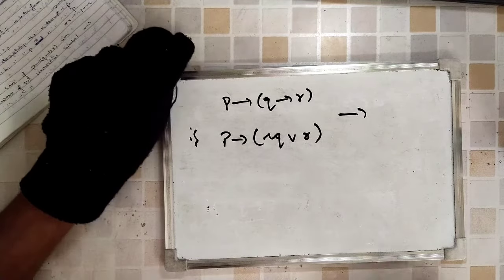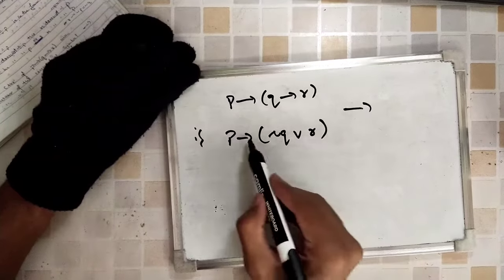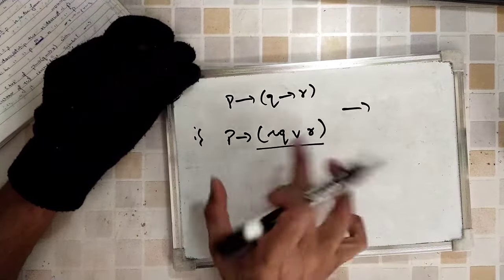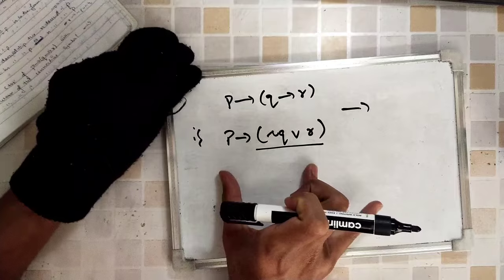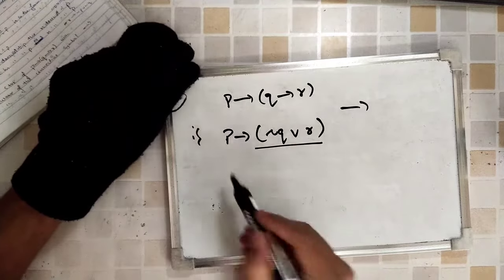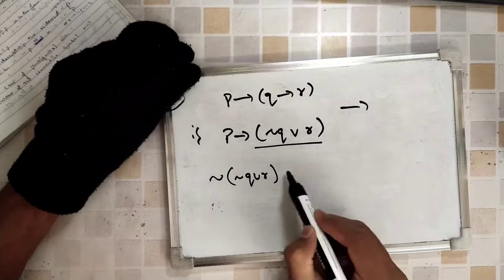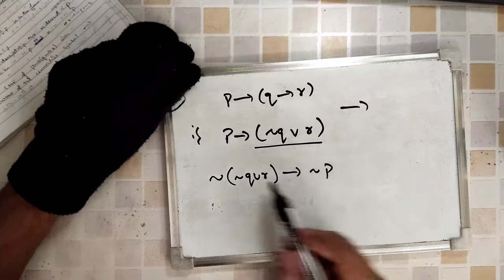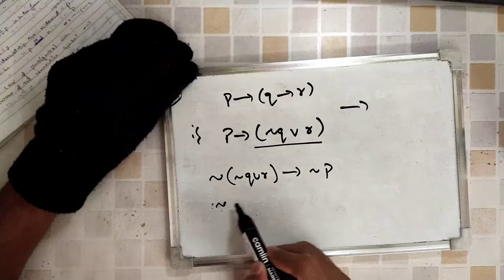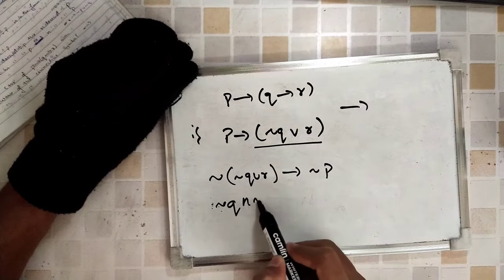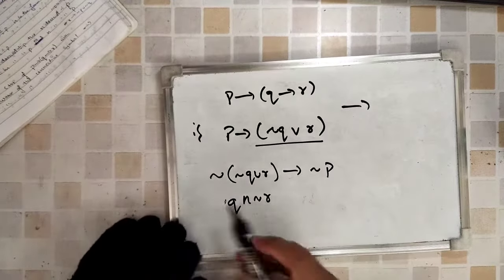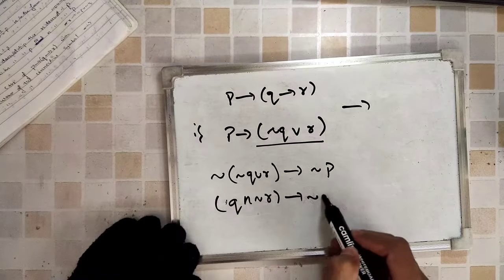So I have to find the contrapositive. This is in the form of p implies q, so I just reverse it: negation of negation q or r implies negation p. This can be written as q and negation r implies negation p.